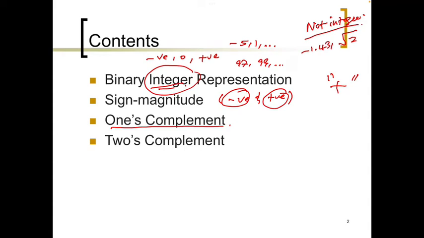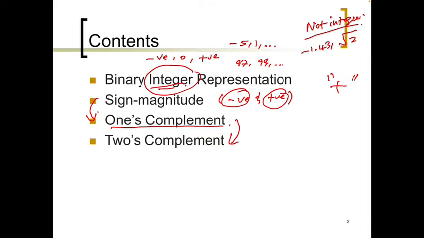Because in the sign magnitude method there are problems on the negative. And then we have one's complement. After that, in one's complement there are also problems.